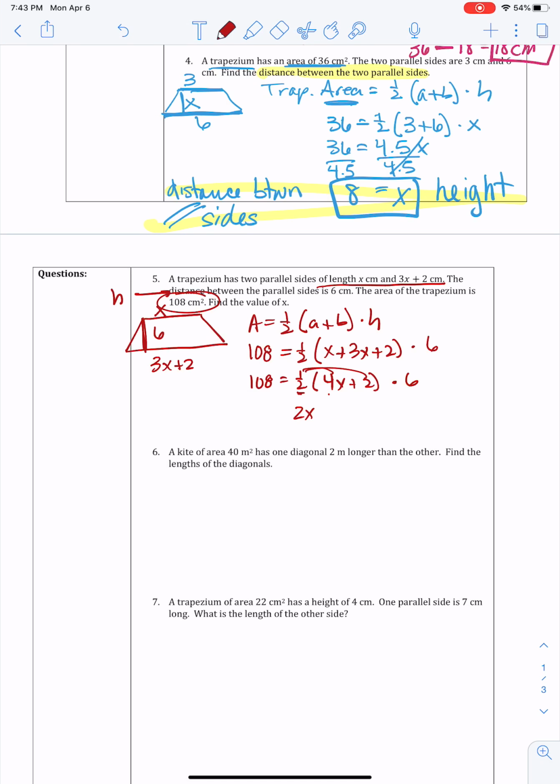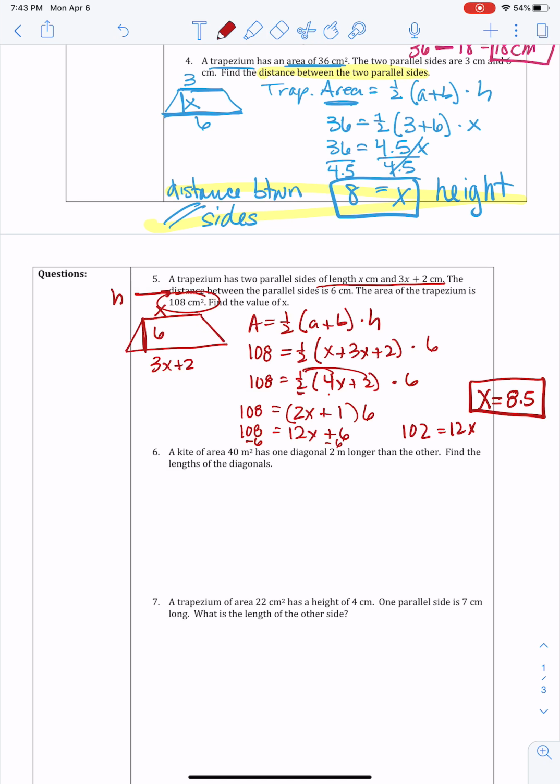Half of 2 is 1, times 6 equals 108. 108 equals 12x plus 6. We minus 6 from both sides. That's 102 equals 12x, x equals 8.5.